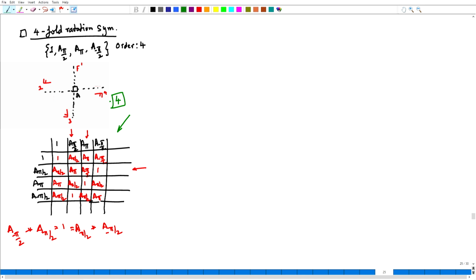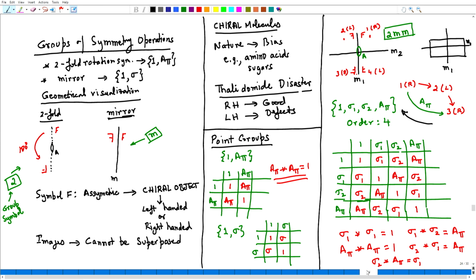Right now, I would like to take a little bit more elaborate example of a symmetry group, a point symmetry group. And one thing I should emphasize is that these are all point groups, because in all of these groups there is at least one point which is invariant. So, there is this point at A. Here in the group m, all the points on the mirror are of course invariant.